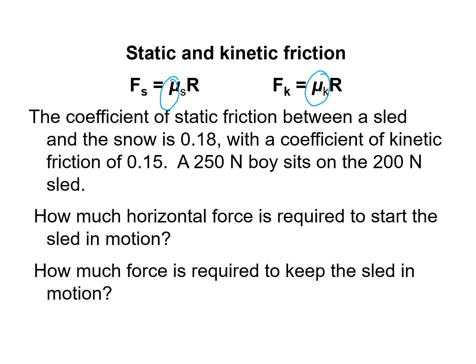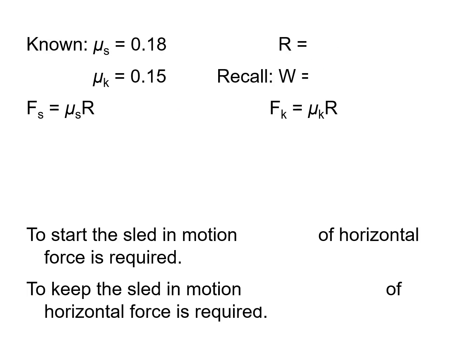How much horizontal force is required to start the sled in motion? How much force is required to keep the sled moving? Let's look at these. So let's look at static friction first. We'll look at the amount of force needed to start the sled moving.